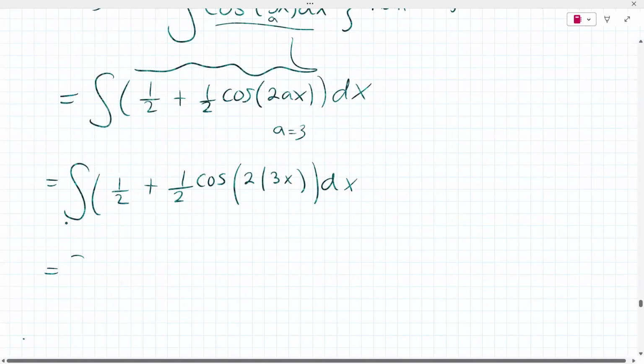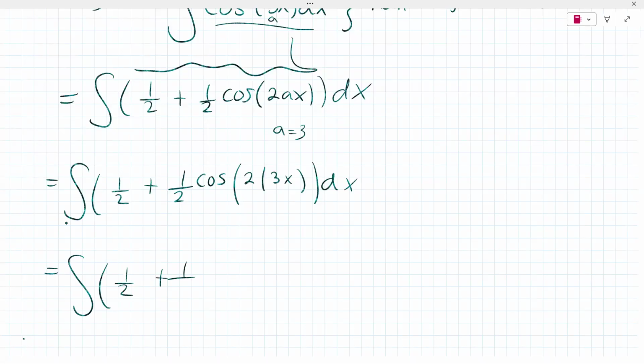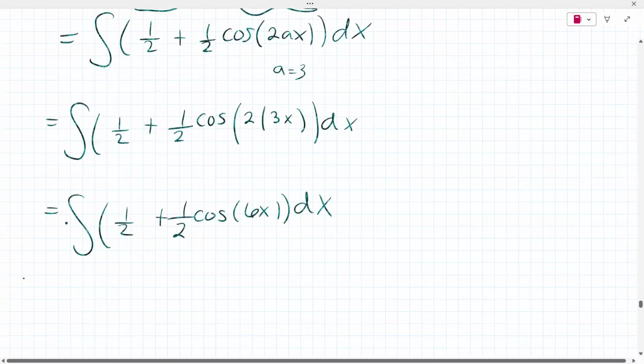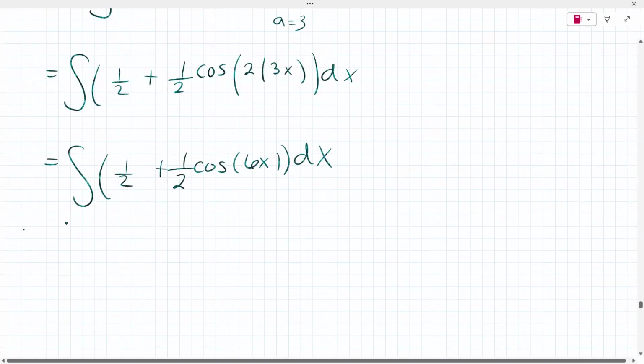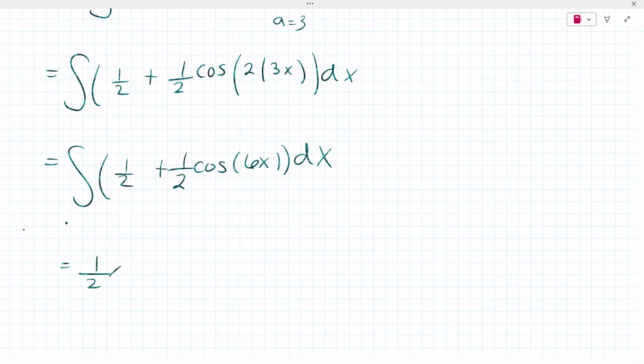So when we simplify that, that is going to be 1/2 plus 1/2 cosine 6x dx. Okay, and then take the integration of each term. So the integration of 1/2 is 1/2 x.